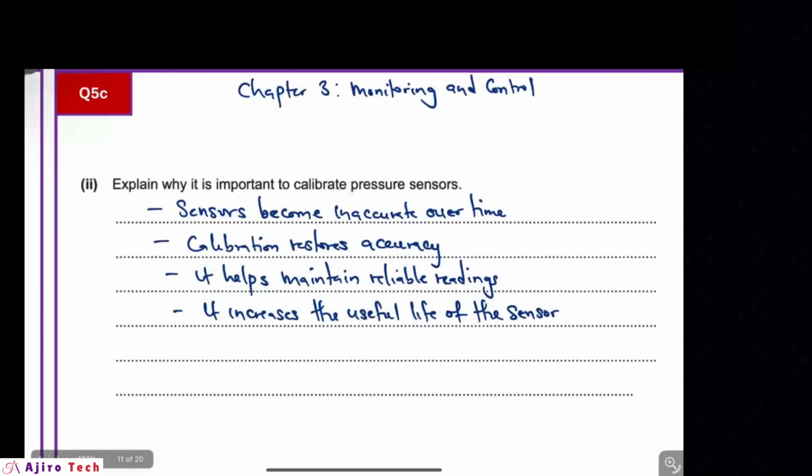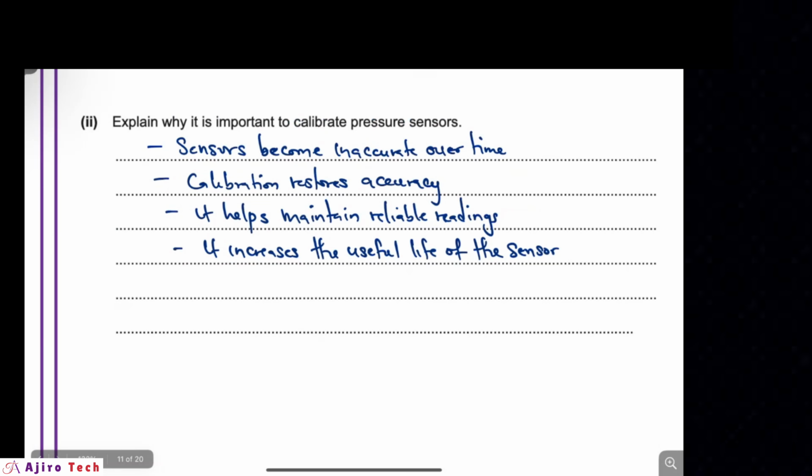Now let's look at this. Let me give you a real life example on this calibration so you understand more. Suppose the car park sensor thinks no car occupied.